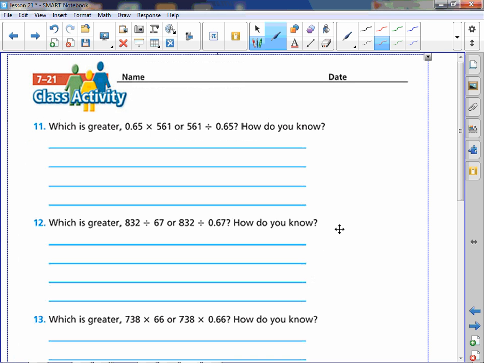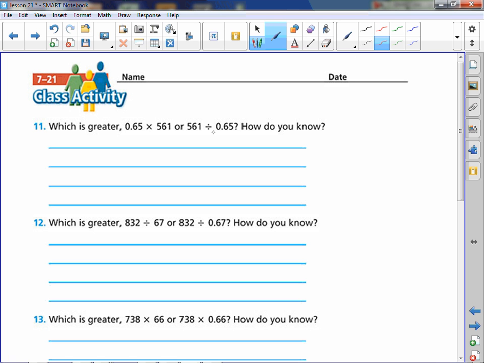Which is greater? So I'm just going to run through these and quick talk about how we know. Dividing would be greater because when we divide based on our rule from before, a whole number by a portion, you're going to get a larger number. Which is greater, dividing a whole number by a whole number, or dividing a whole number by a part? Dividing a whole number by a part, right?